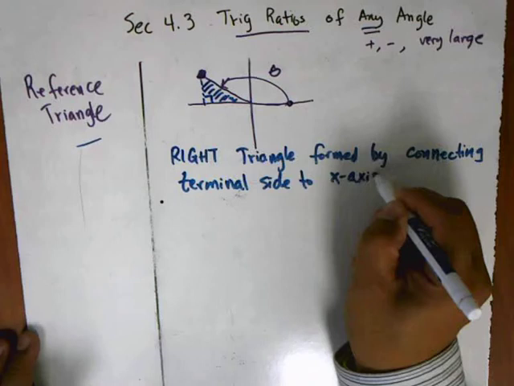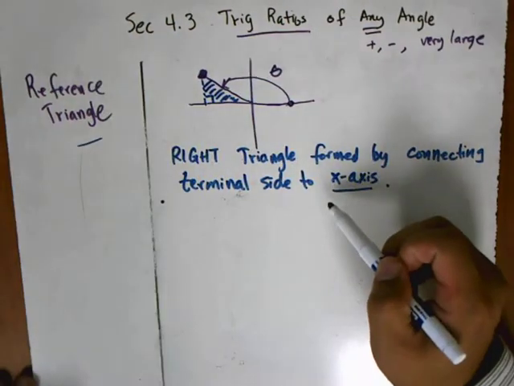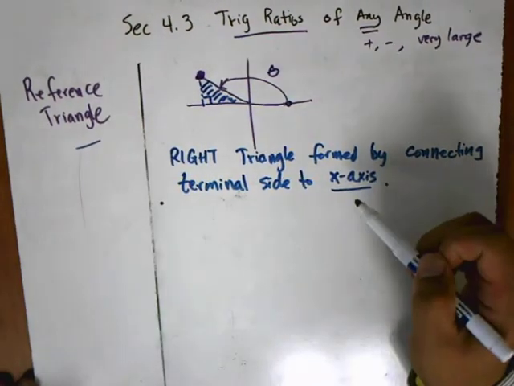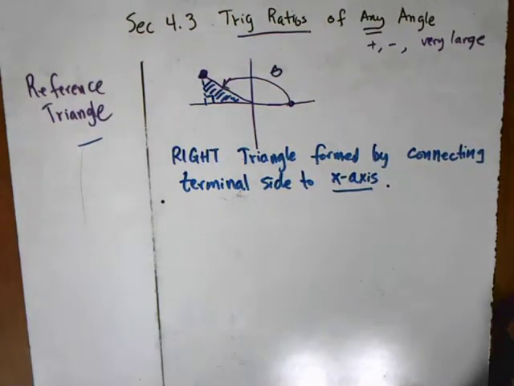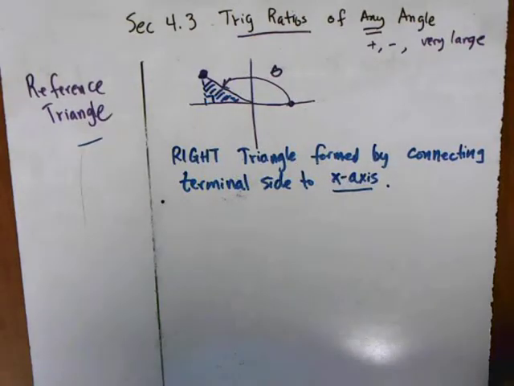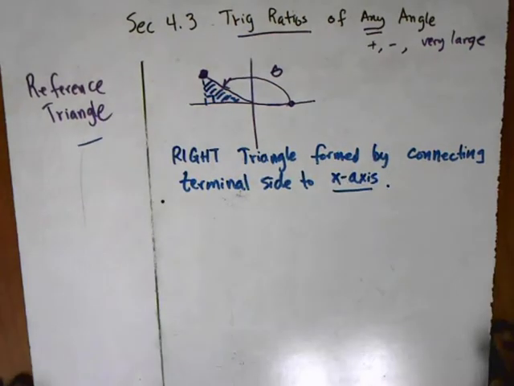And I'm going to underline x-axis here because it's not really necessary that we do this. We can do this with the y-axis as well, but it's probably less work, and in most cases I would say using a reference triangle to the x-axis is more convenient than doing that to the y-axis.